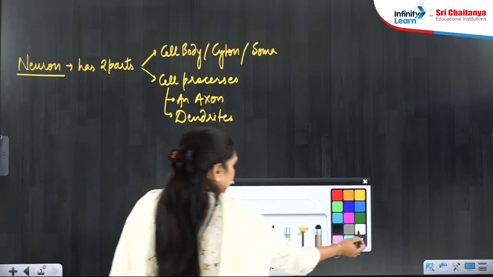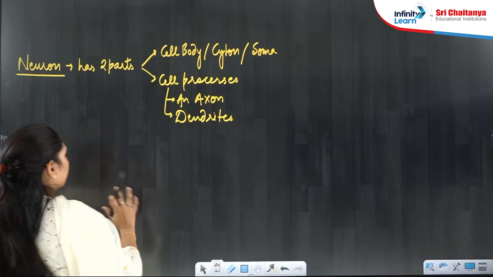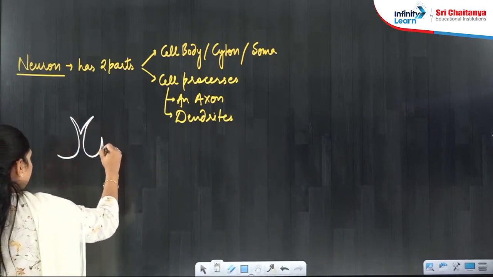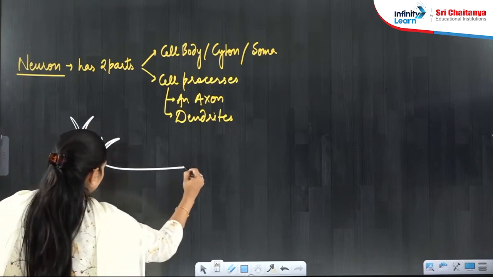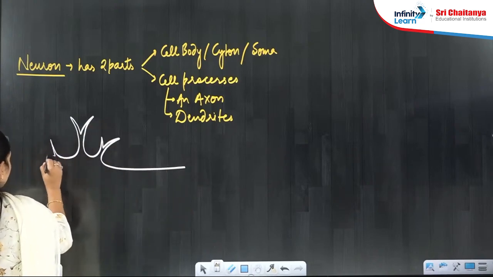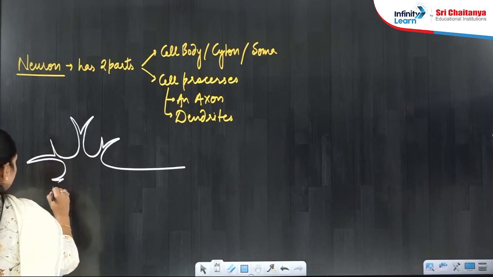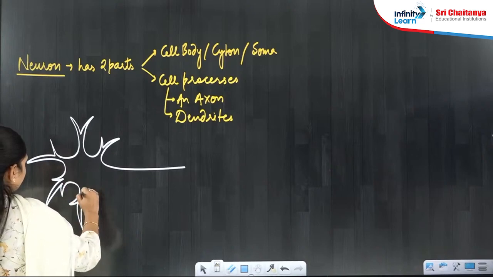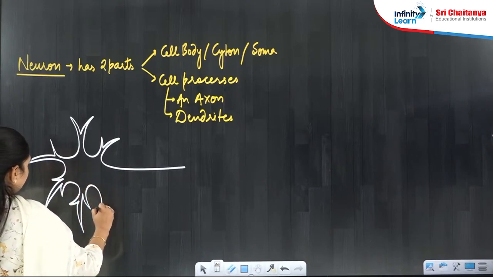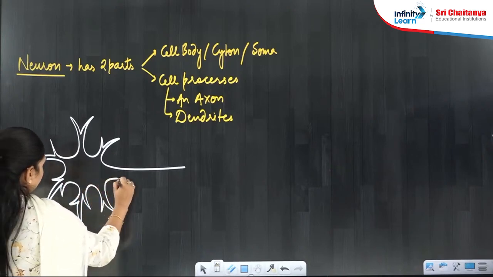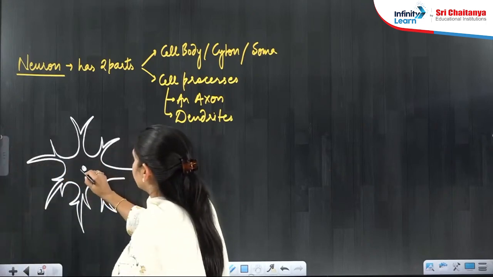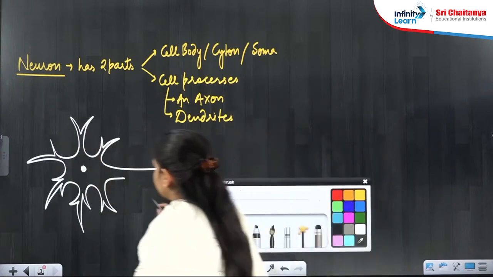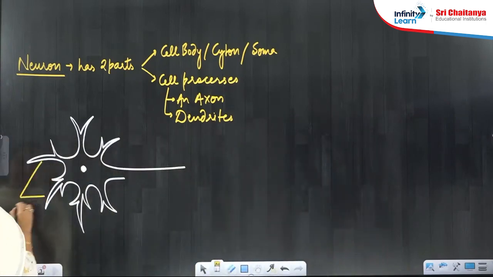Right? So, I will draw this diagram roughly. This is the cell body. These are the dendrites which now I am forming. So this is the cell body, beta. From the cell body, you can see the dendrites coming out.